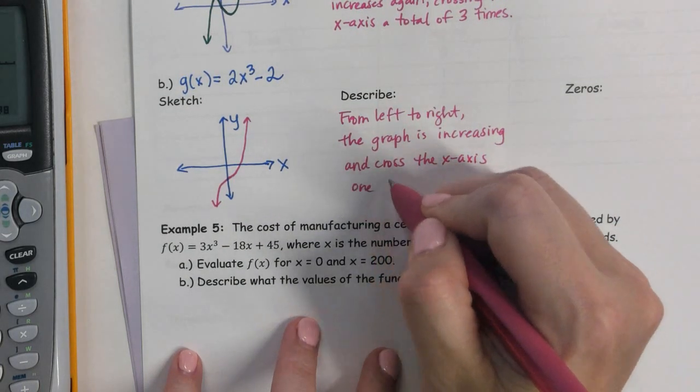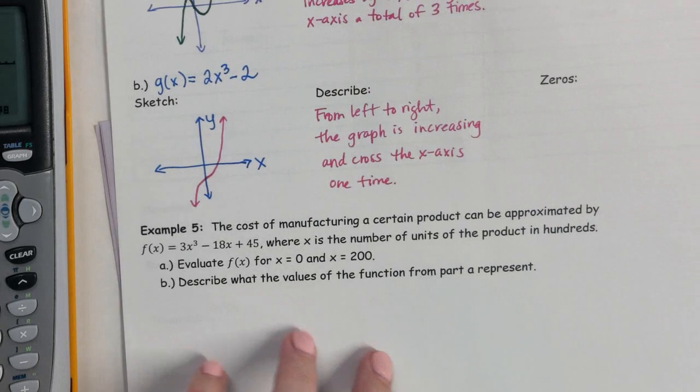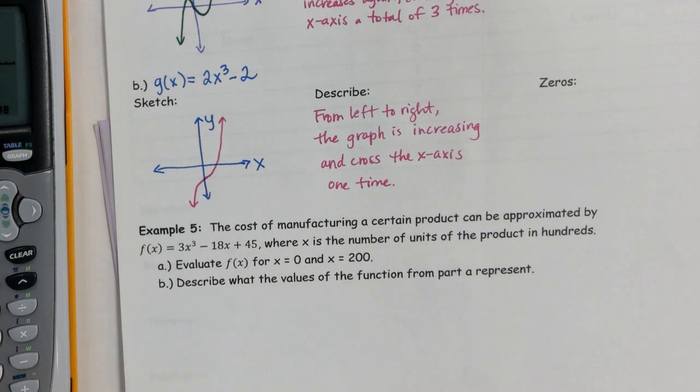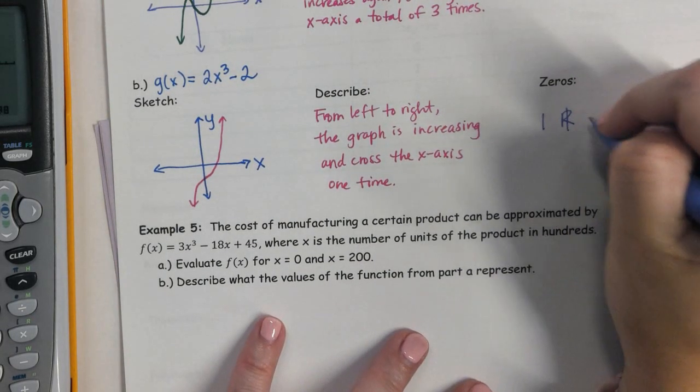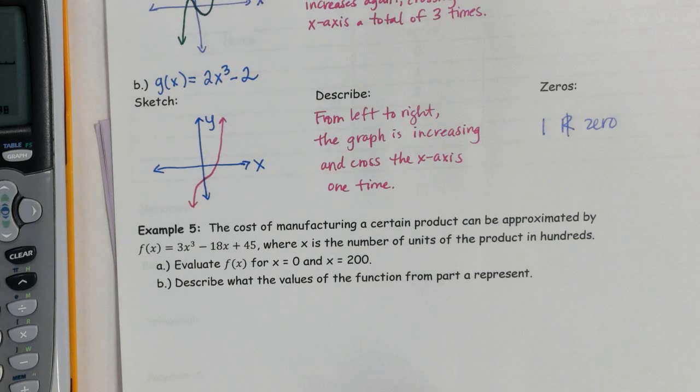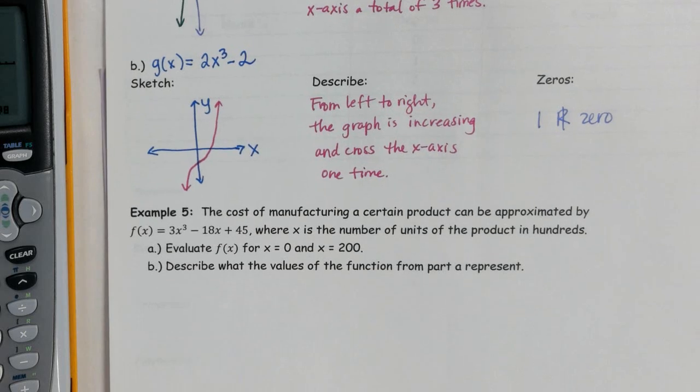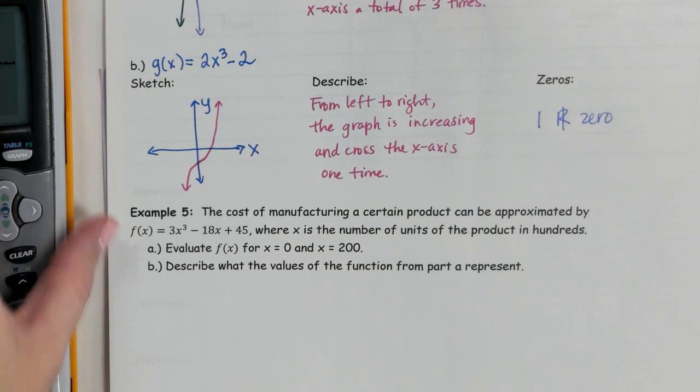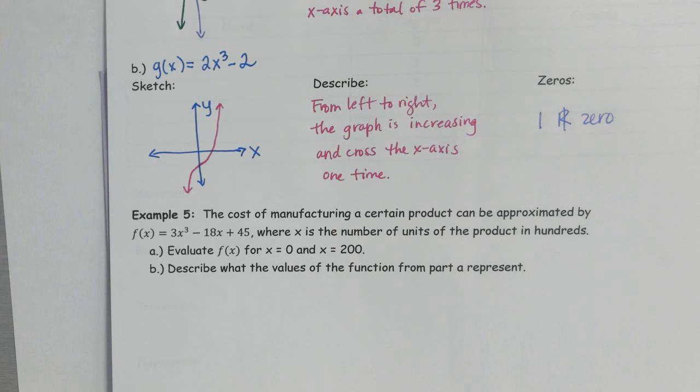One time. Okay, which means there is one real zero. Okay, and depending on what your graph is, it is possible to have no real zeros. That is possible. Okay, if there's no x-intercept, then there would be no real zeros. Okay, questions for me on that part?